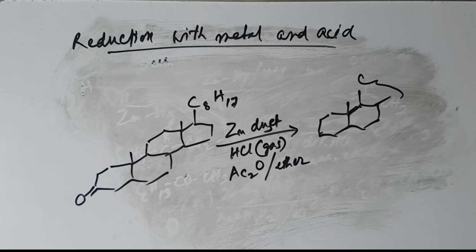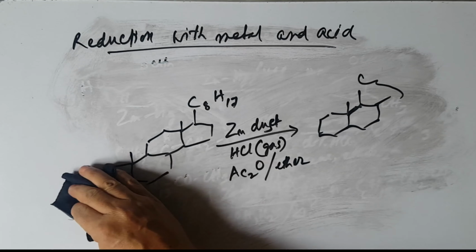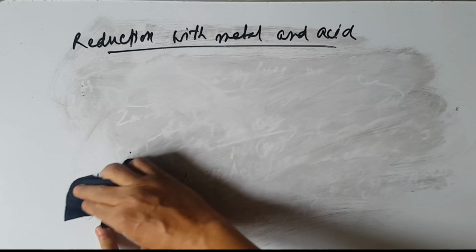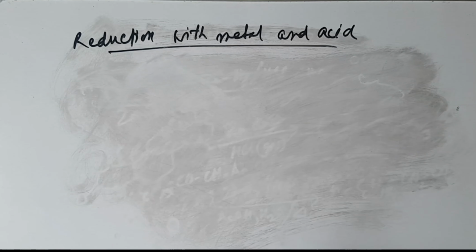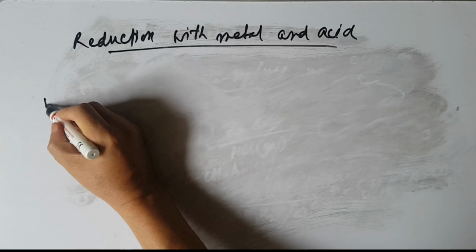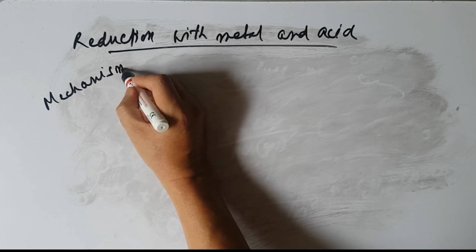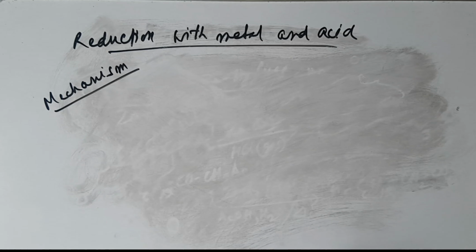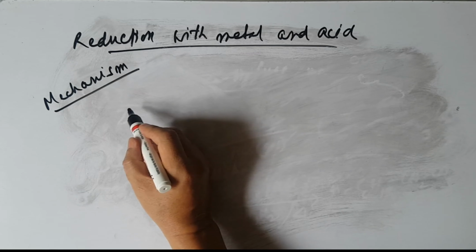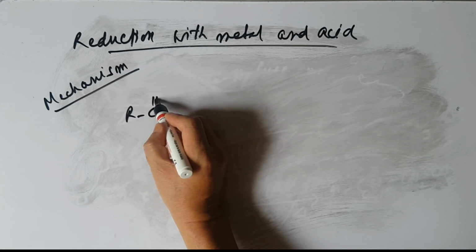Now, how is the mechanism? Let's see the mechanism of the reaction with metal and acid. We can have this carbonyl group.